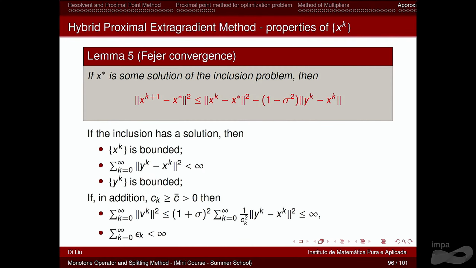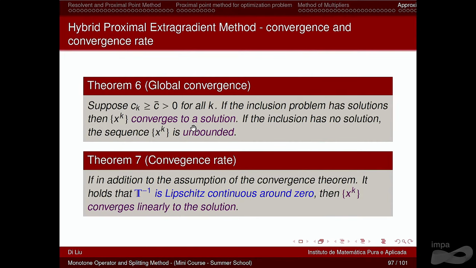If we have some assumptions about ck, which is lambda k on the blackboard, we can have some conclusions about the errors. You can see here the errors related to the operator could be summable. So we can have two conclusions.